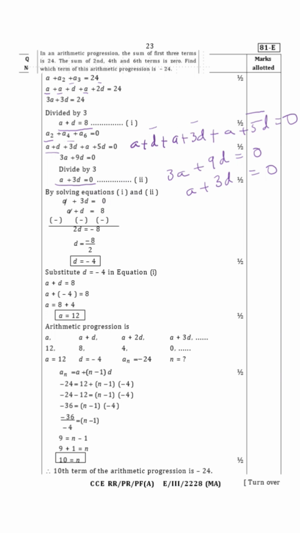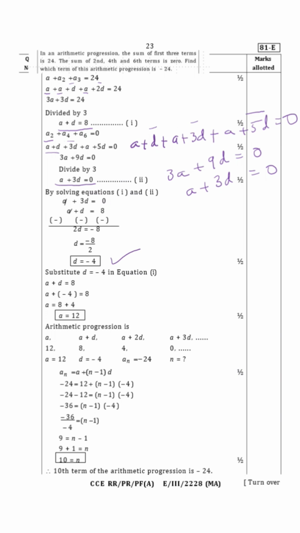So 2D is equal to minus 8, D is equal to minus 8 by 2, so D is equal to minus 4. Substitute D is equal to minus 4 in equation 1 or 2, any equation. Now let us substitute it in equation number 1. A plus D is equal to 8, A plus minus 4 is equal to 8, A is equal to 8 plus 4, A is 12.